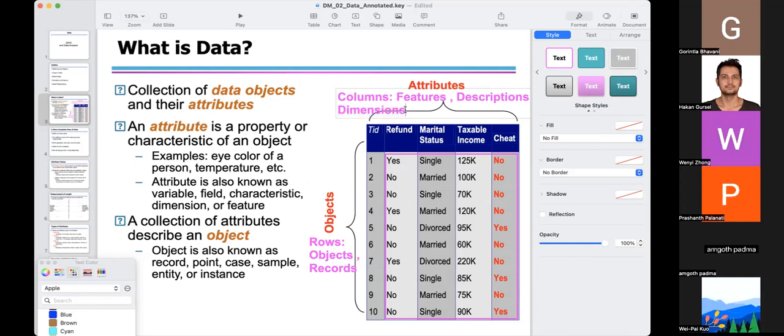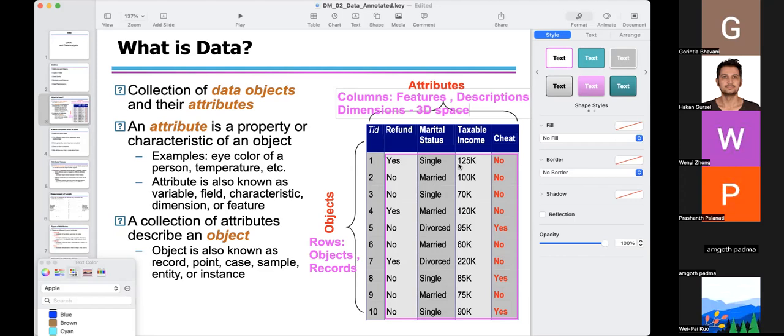Then the attributes are used as the dimension. The first attribute is the X coordinate, the second attribute is the Y coordinate, the third attribute is the Z coordinate. So this means we will have a three-dimensional space. If there are three attributes, we have a three-dimensional space. If there are two attributes, we have two-dimensional space. If there are 43 attributes, we have 43-dimensional space.